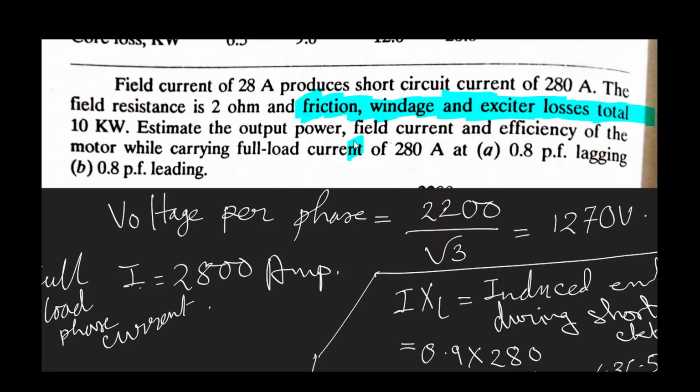Now you put some load on your machine, and what happens? The machine speed falls to, say, 1400 or say 1350. If you visualize the induction machine circuit when its speed falls from 1495 to 1350, clearly the induced EMF will also have a proportional change.